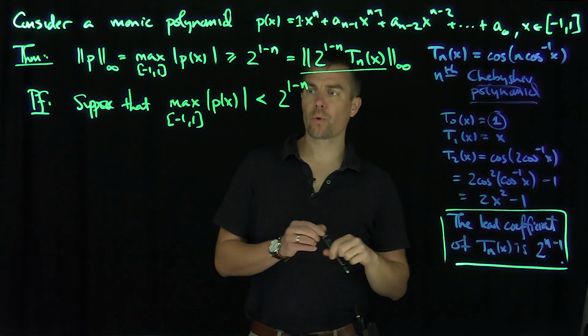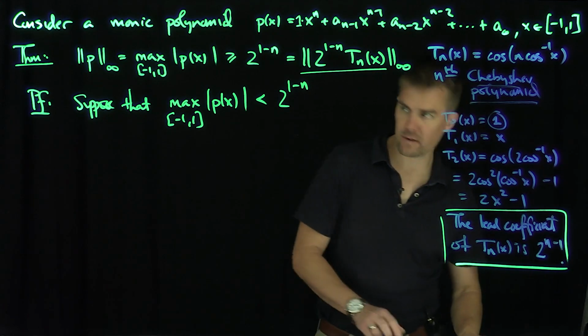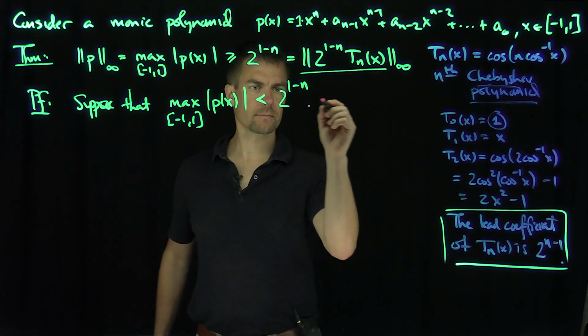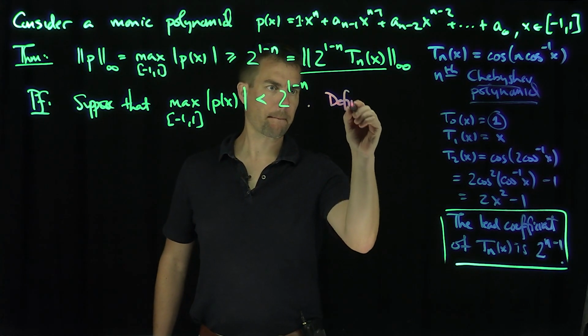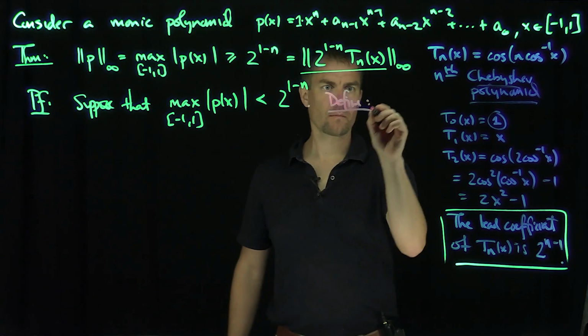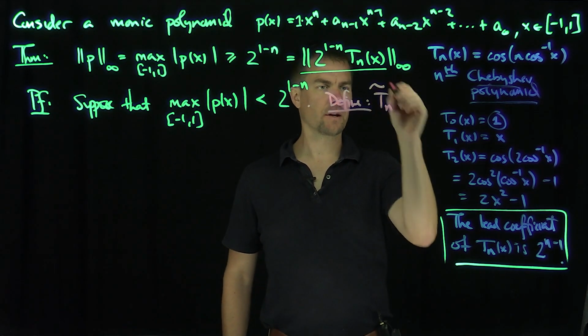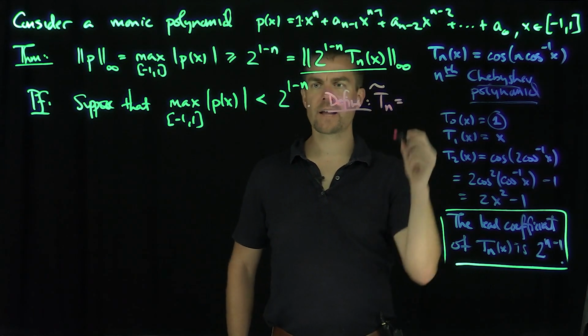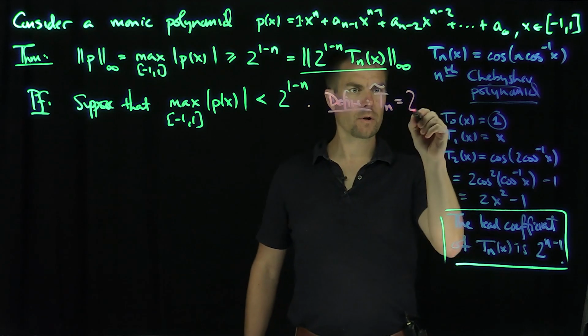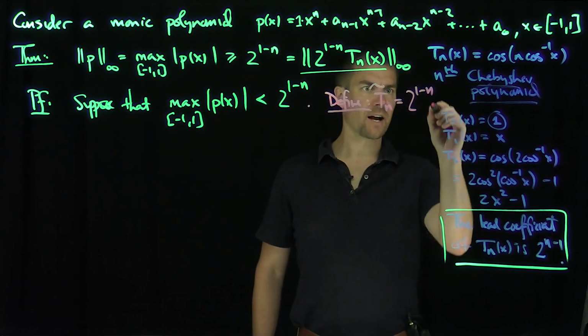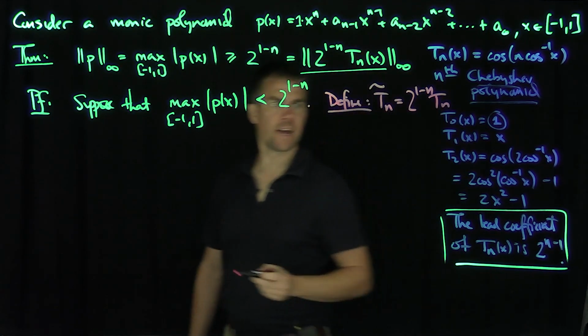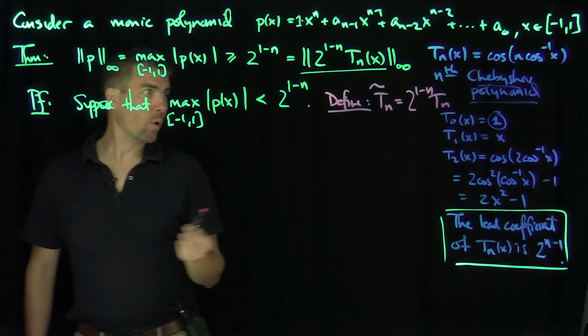And what we'll do now is we're going to define a new polynomial. I'm going to define Tn tilde to be 2 to the 1 minus n times Tn, right? If we define Tn tilde like that, what can we say?